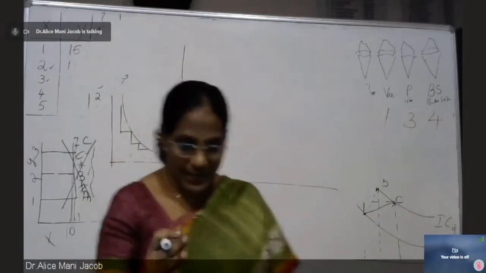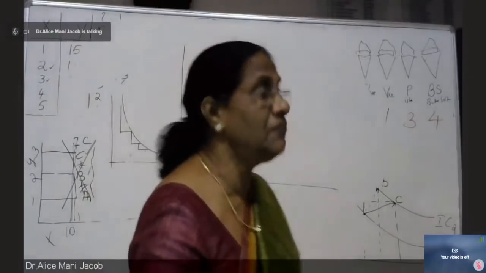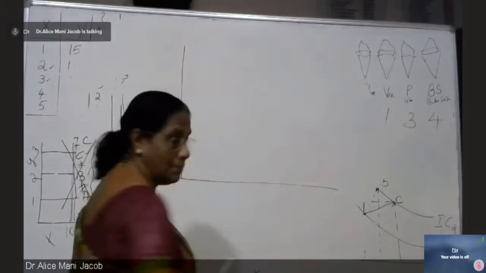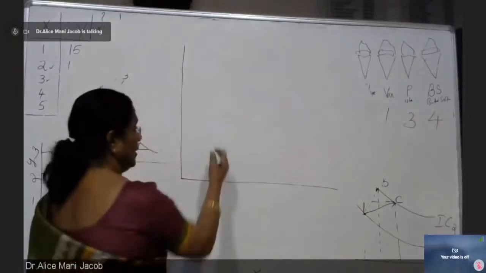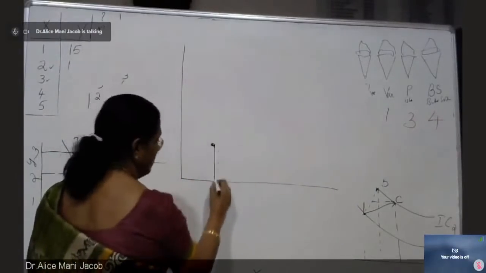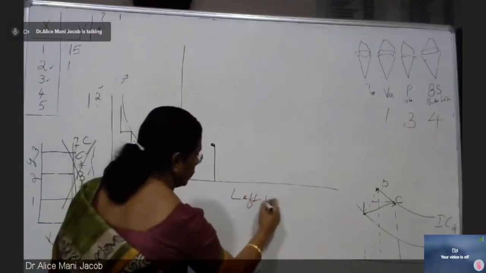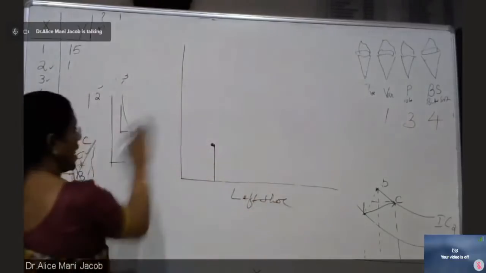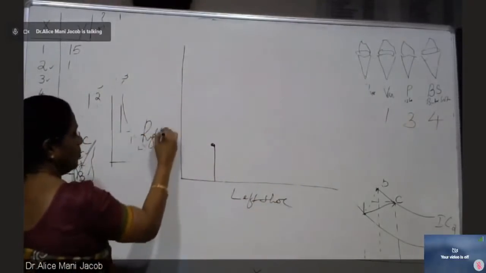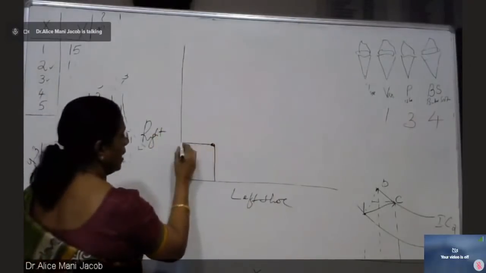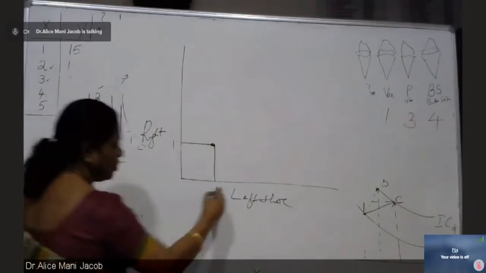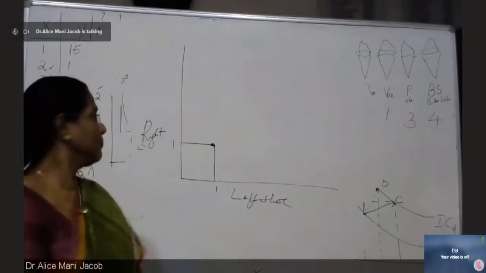And so, in the case of such a perfect complement, please write the example of a perfect complement. Let us take, say for example, this is the left shoe, okay? And this is the right shoe, right? One and one. One right shoe and one left shoe.